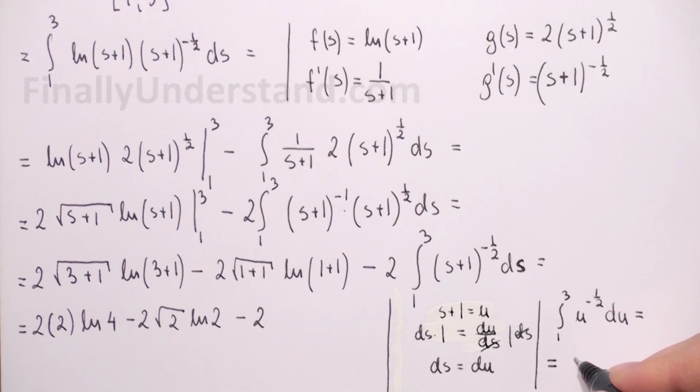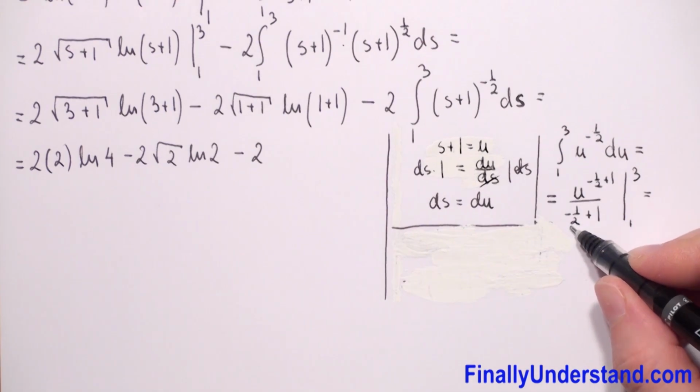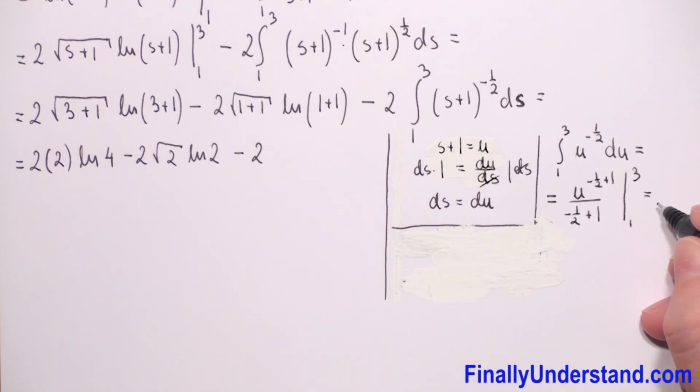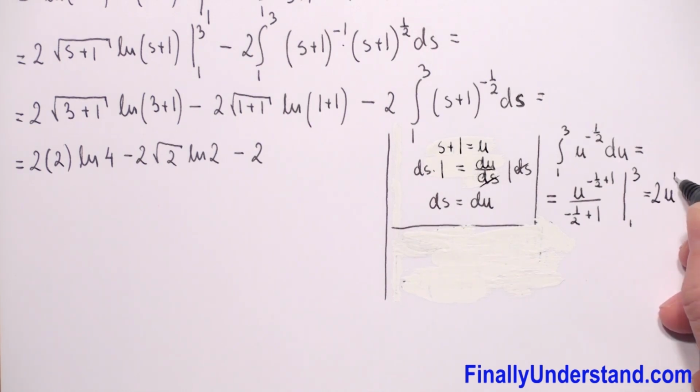So this is equal u to power negative 1/2 plus 1 over negative 1/2 plus 1, and we have limits from 1 to 3. So this is equal. We have in the numerator negative 1/2 plus 1, so it is 1/2. So we will have 2 times u to power 1/2, and we have limits from 1 to 3.